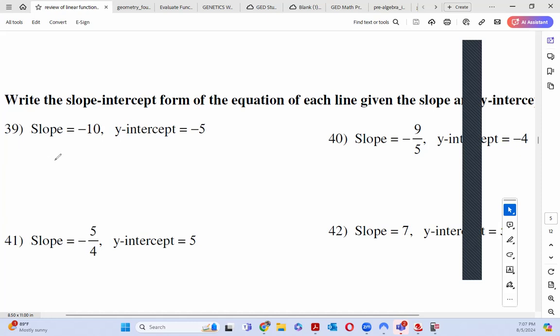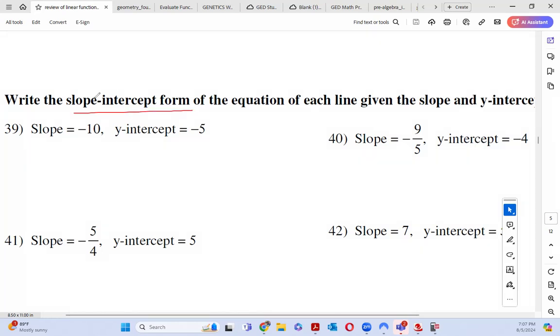Is it, so it's -10? What slope intercept form? What is the slope intercept form of a linear equation?